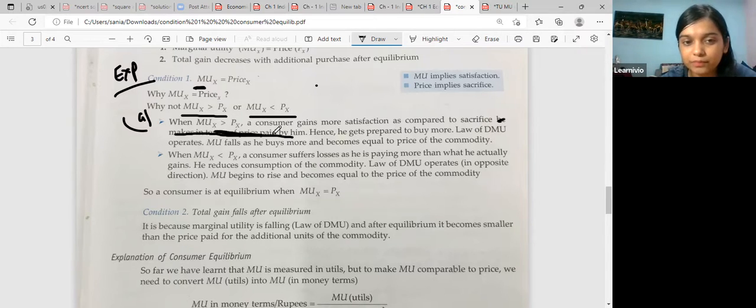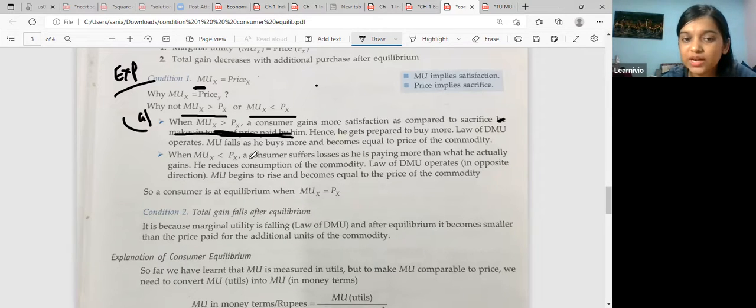Next, when MUX is less than PX, a consumer suffers losses. Here he is suffering a loss because he is paying more than what he actually gains, right? So he reduces consumption of the commodity. See, you don't need to write all this. You will write: a consumer gains less satisfaction as compared to the sacrifice.